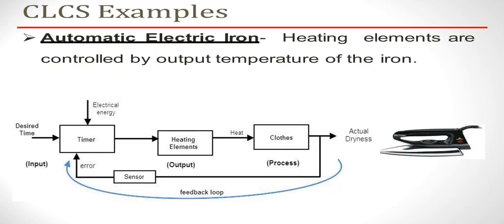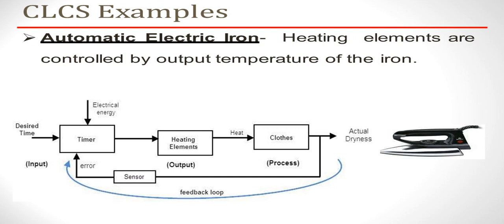So here are the examples of closed loop control system. First is automatic electric iron. So all of you have used this automatic electric iron. So here the heating elements are controlled by output temperature of the iron. So you can see whenever it is heated, it is automatically turned off.